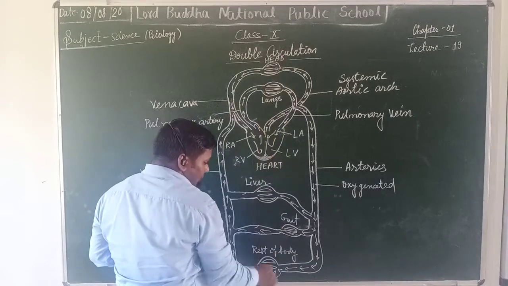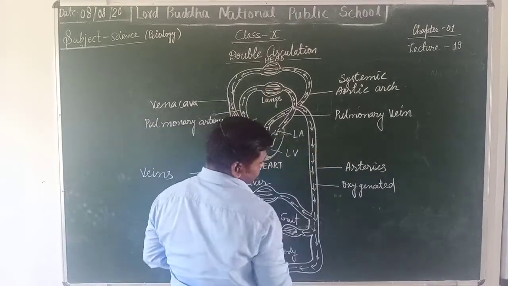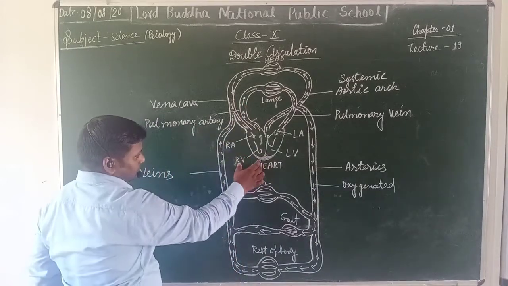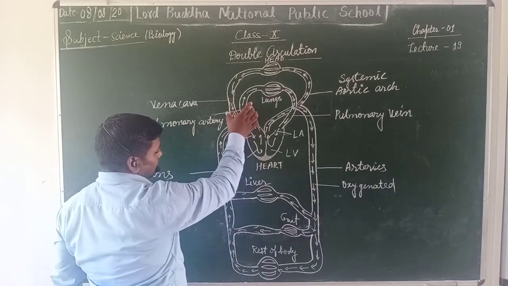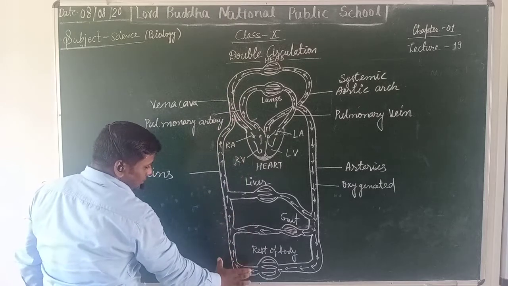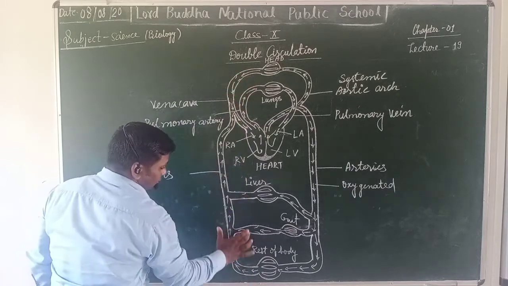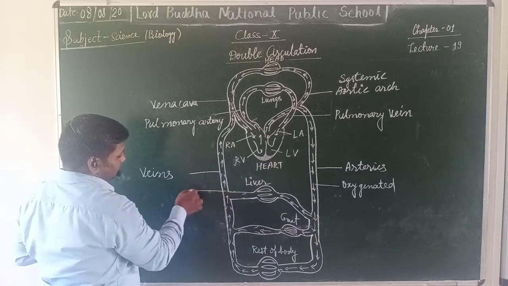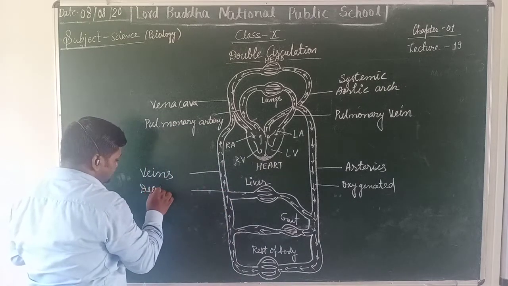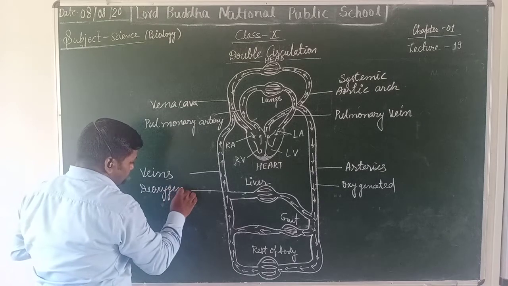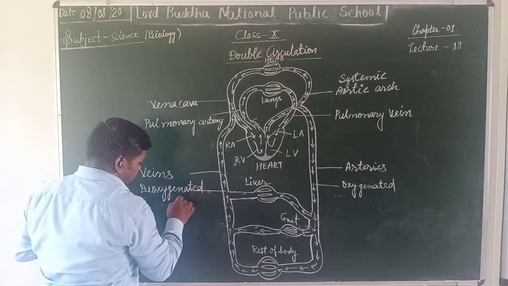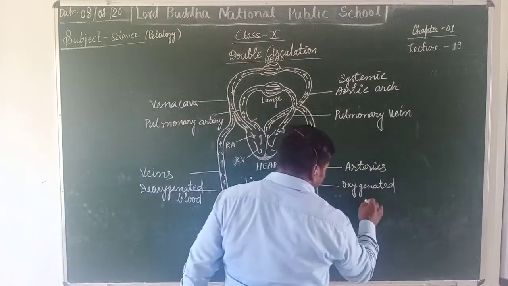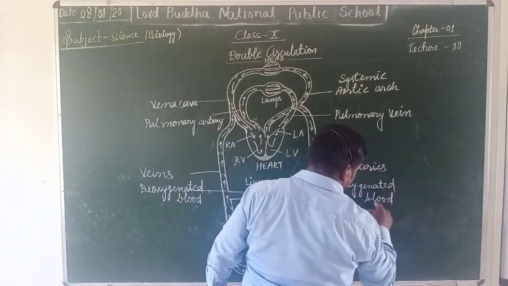Here always flows oxygenated blood, and this is the right half of our heart, right atrium, right ventricle, and this is the rest of the right half of our body, in which the deoxygenated blood always flows.